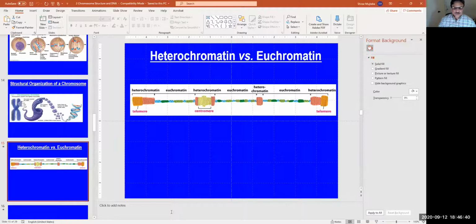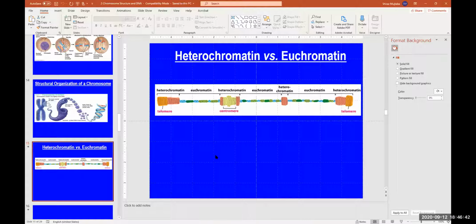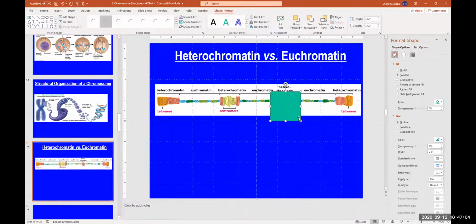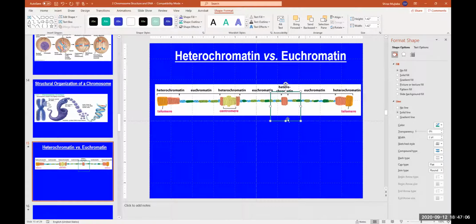If you focus on this slide, what you see here is the centromere, which is heterochromatin, the central portion of the chromosome. And then a chromosome is a mosaic of heterochromatin and euchromatin. Wherever there is heterochromatin, the chromosome is very tight.